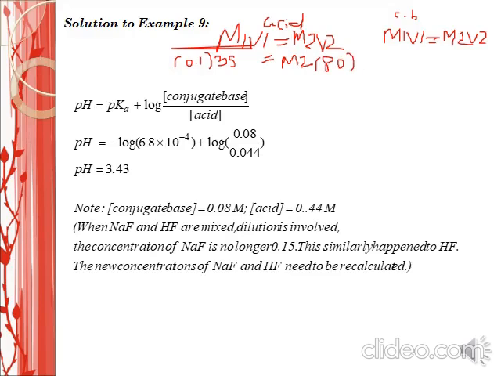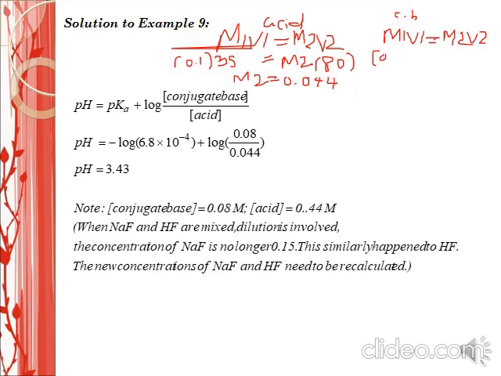Note that I'm using ml here. You can use ml if both sides use ml. You can convert this to liter, but this side also has to be converted to liter. So the new concentration of acid, M2, would be 0.044.